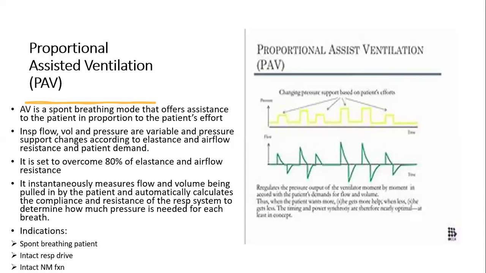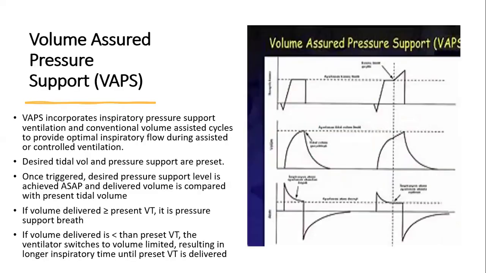Why? Because the ventilator is going to calculate the proportion that the patient is bringing in. It's just like when you say, what are you bringing to the table? The ventilator says, hey guy, I'm asked to help you, but what are you bringing to the table? And the patient says, okay, you are bringing only 40, no problem, I'll give you the remaining 60. You are bringing 20, I'll give you the remaining 80.